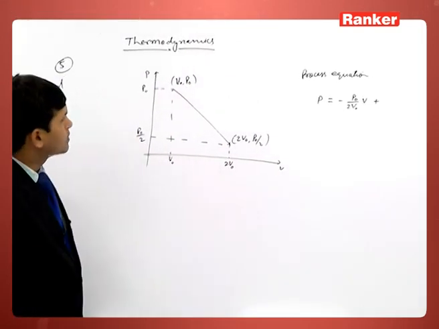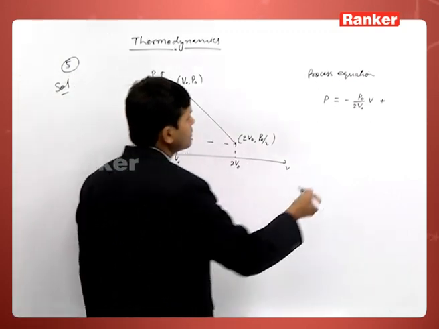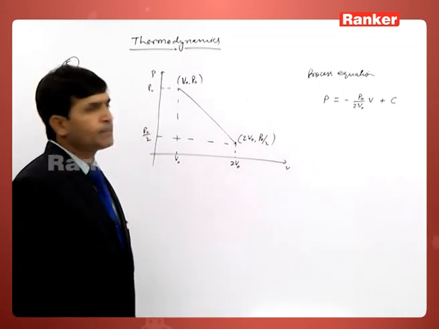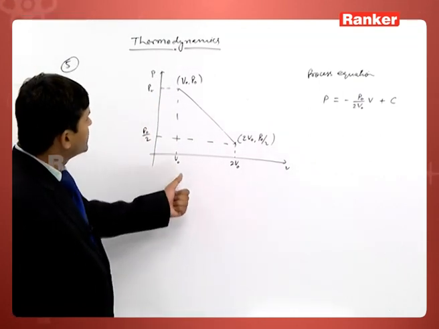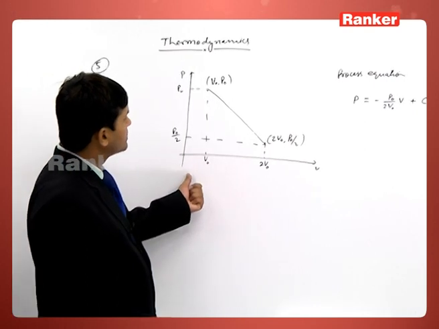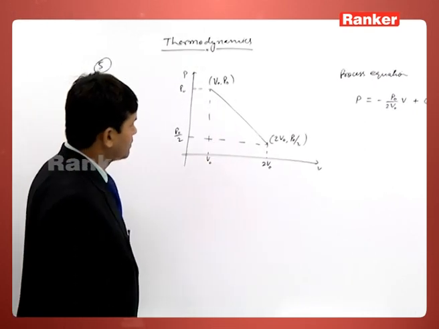If we are talking about the intercept, let that intercept be any value C. C is any constant. This is the process equation. Now, from this process equation, we can get the value of C also. Another equation is the ideal gas equation.